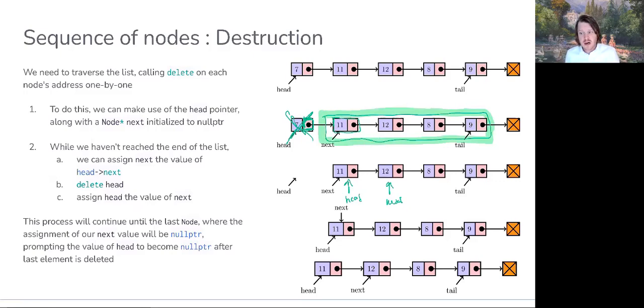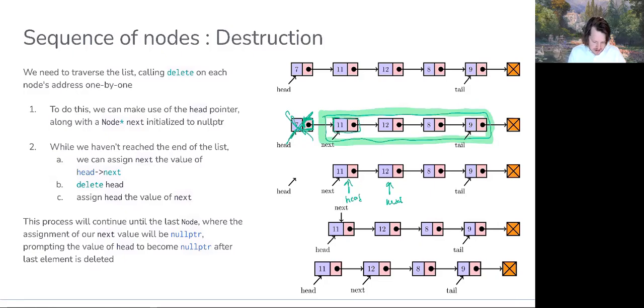And we complete this process until head is at the null pointer, which in that case would communicate to us that we have successfully visited each node and we have invoked the delete operator on each of the nodes in the sequence's address. So again, this process will continue until the last node where the assignment of next will be the null pointer, prompting the value of head to become null pointer after the last element is deleted.